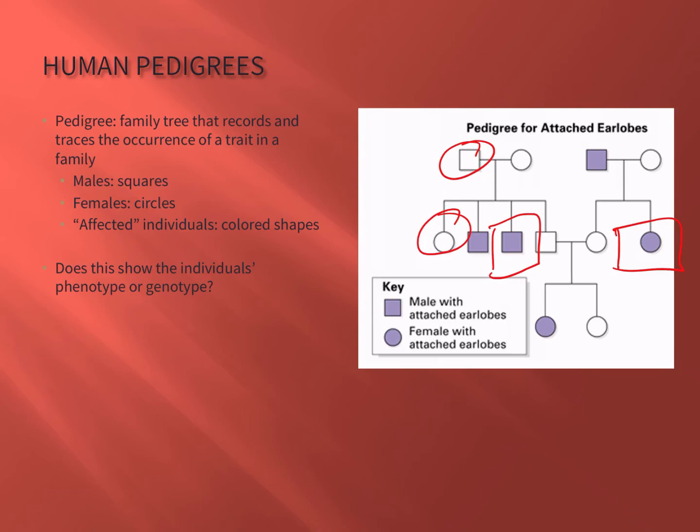Okay? And so it's important to know, there's this question here, does this show the individual's phenotype or genotype? It's not showing us their genotype, right? It's just showing us what they have outwardly, what they're showing us. And so that's important because it's not like when you go to get genetic testing, like you've gotten genetic testing on every single generation up into your generation.